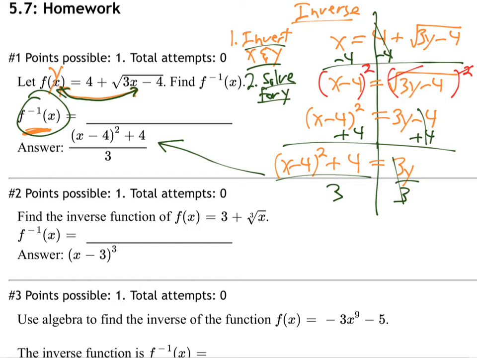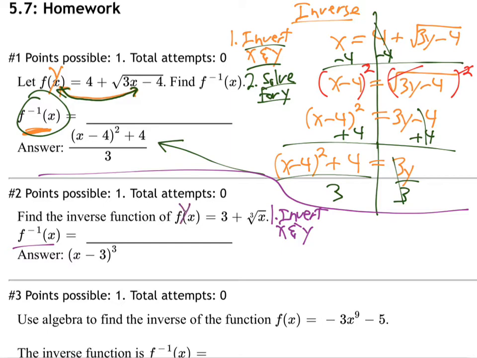Okay. Let's try number 2 down here. It's kind of similar. Again, step 1, invert x and y, trying to find the inverse function again. So this is y right here. So y switches positions with x.